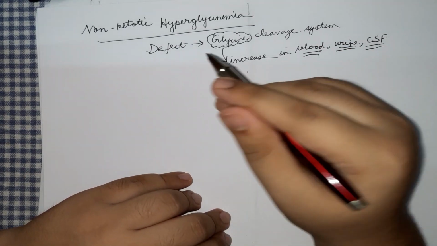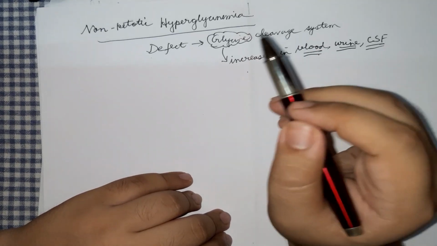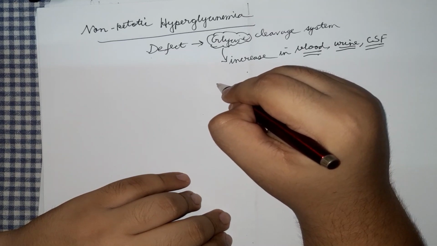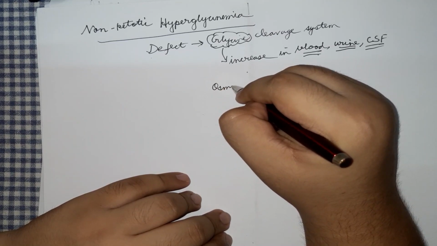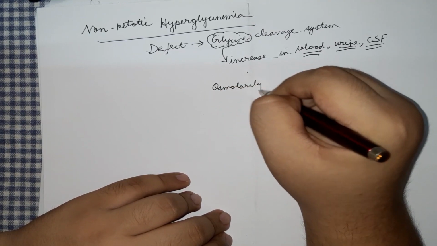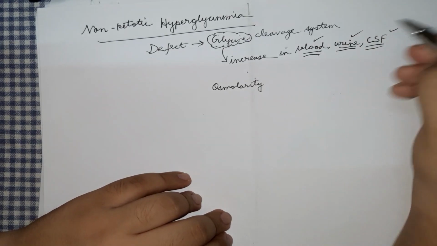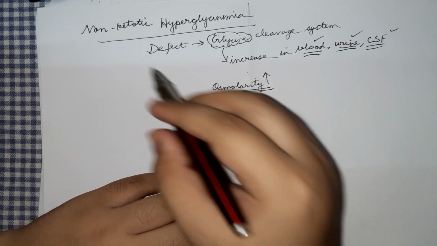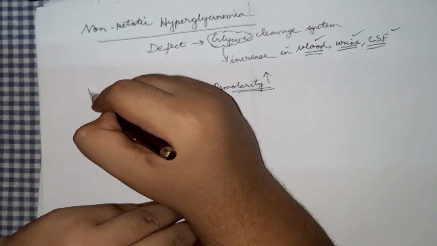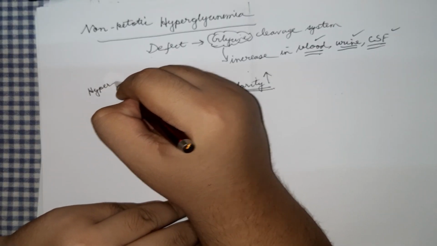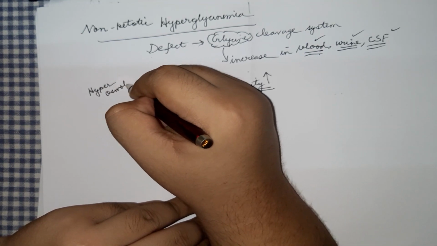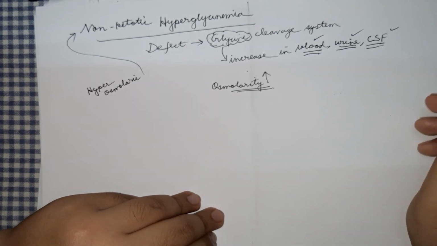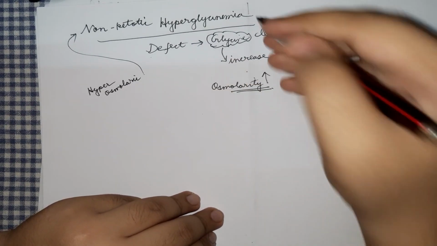Alright, what are the symptoms? What do we see due to this defect? What happens due to glycine increasing in our blood? Well, firstly, osmolarity increases. Since we are talking about body fluids here, the osmolarity of the body fluids is increasing. Hence, this is also known as hyperosmolaric non-ketotic hyperglycinemia.